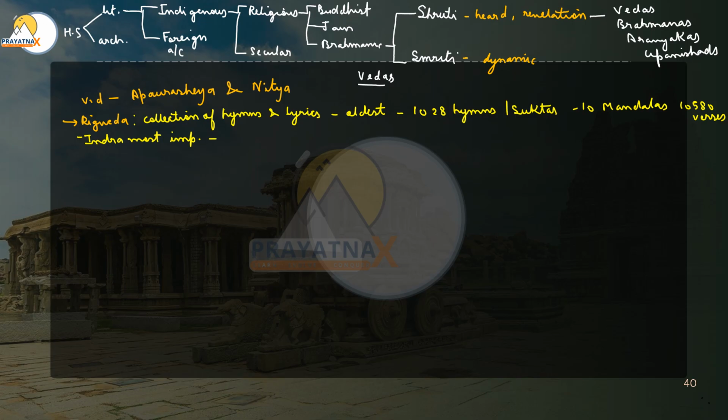Now, the second and the seventh mandala were known as the Vamsha mandala. It was added at the very beginning, whereas the first and 10th was added later.